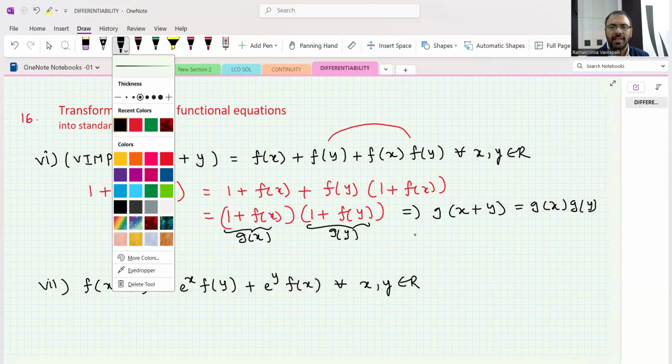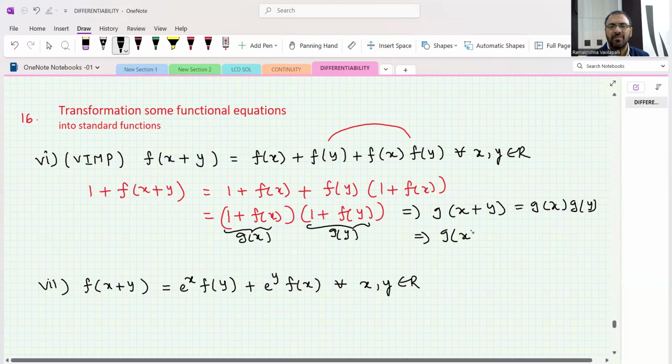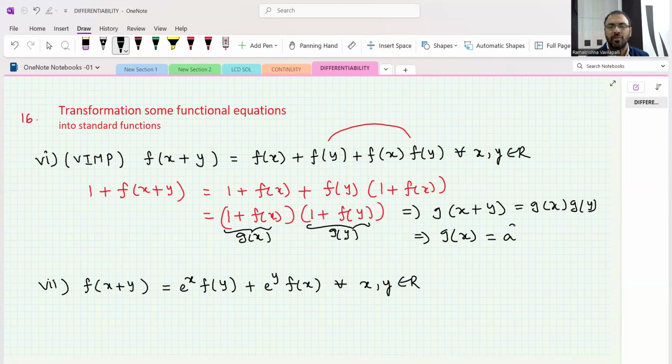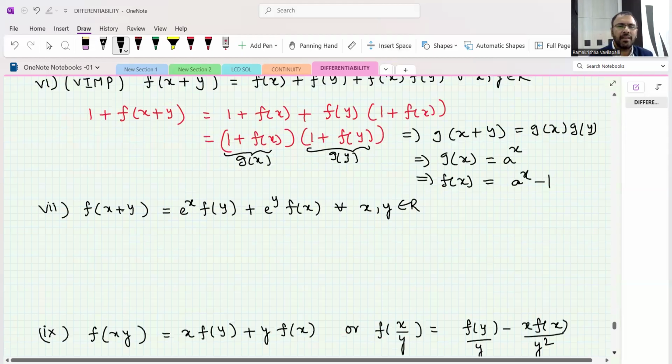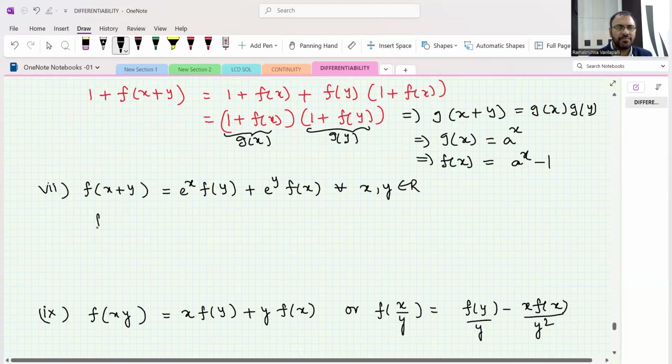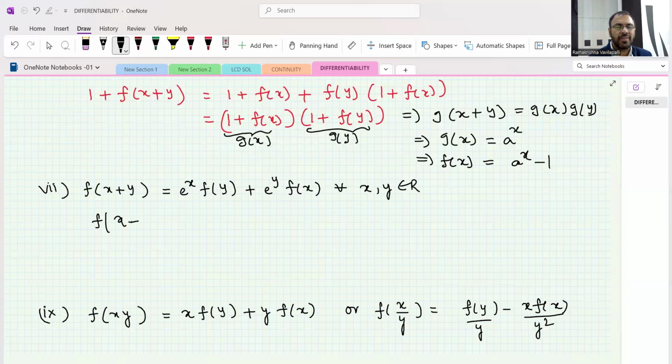So what is g of x? Just now I told you this is a power x. So what is f of x? f of x equals a power x minus 1. The exact same question was asked in Advanced 2021 or 2020. Similarly, here you divide by e to the power of x plus y. So f of x plus y by e power x plus y. Then we get f of y by e power y and f of x by e power x.